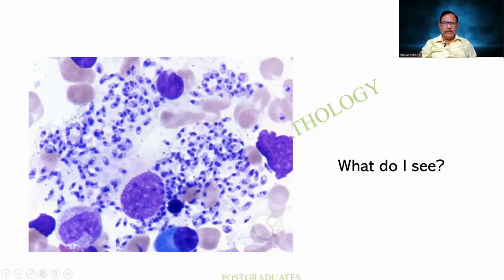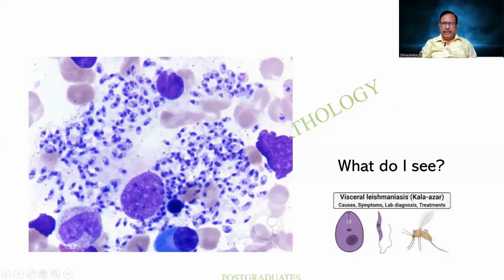This may be a lymphocyte. And this again, it can be a monocytoid cell. Monocytes, histiocytes, macrophages, they are all more or less the same. What do I see? I see these structures. So this is something that I will not be very familiar with.